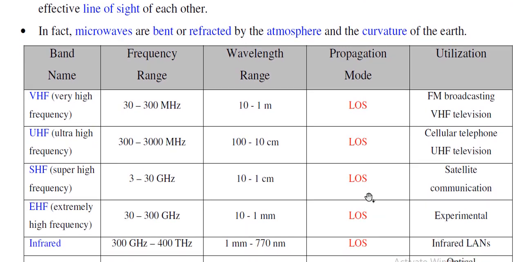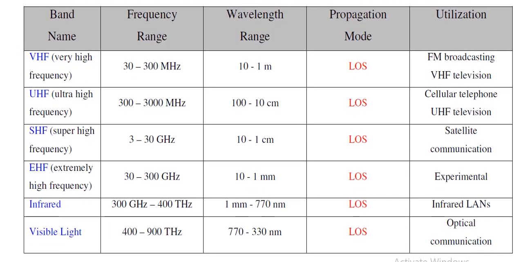As examples, here we have many ranges. All of them are line of sight, but of course each band is used in a different domain. For the FM that we have just seen now, the frequency modulation of radio broadcasting, it ranges between 88 and 108, which means it's in the VHF, the very high frequency range.